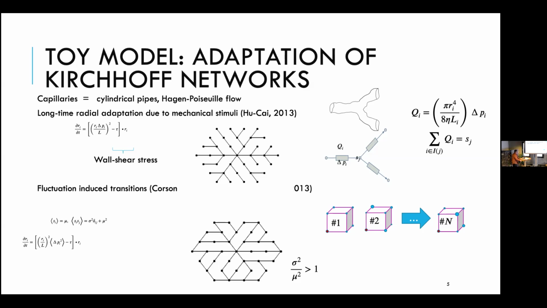Another way to think about this noise thing is to think about traffic in a city, right? If everybody were always going from their home to an office building downtown and back, then all the roads going from the suburbs to downtown would be a big tree. But actually you have fluctuations in the demand.